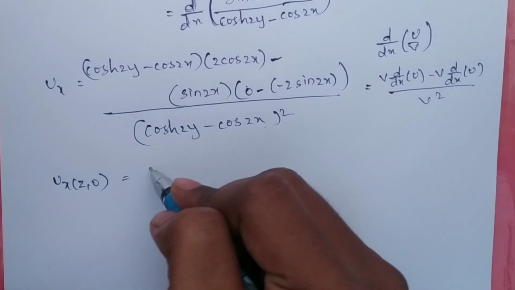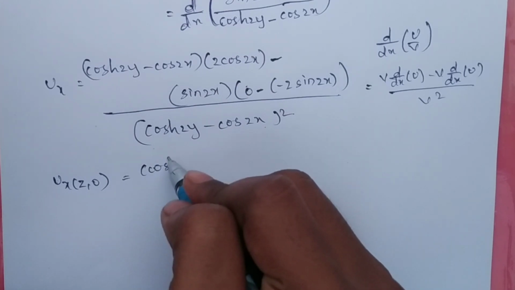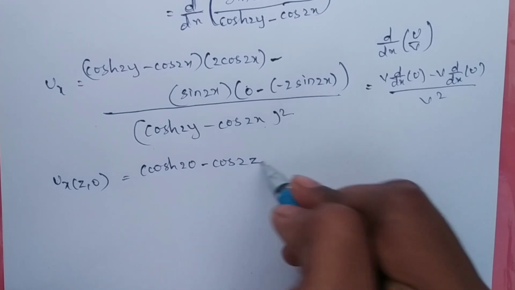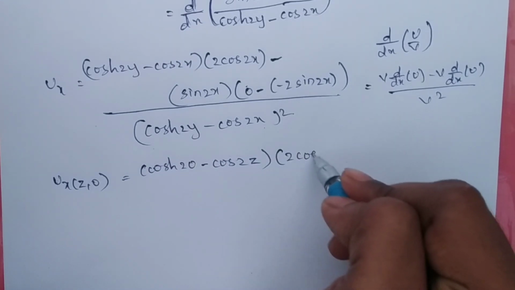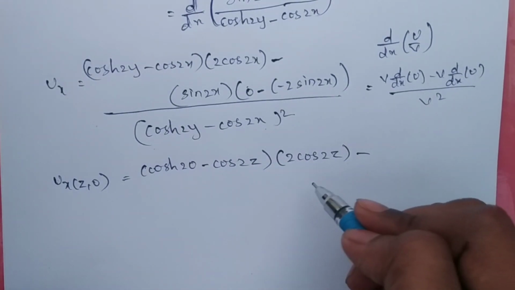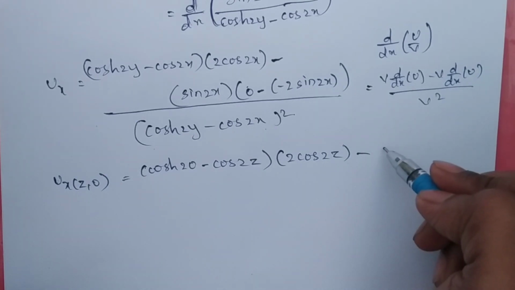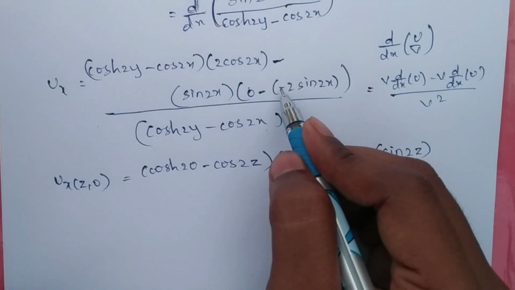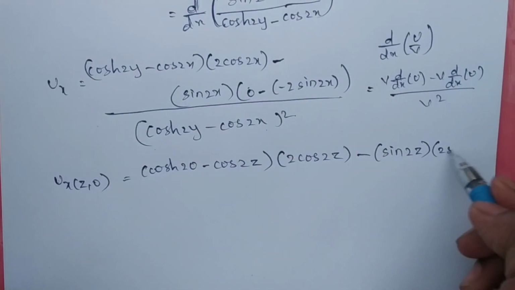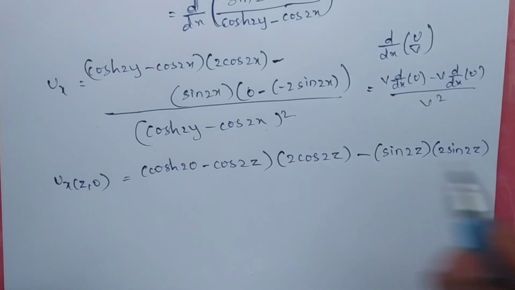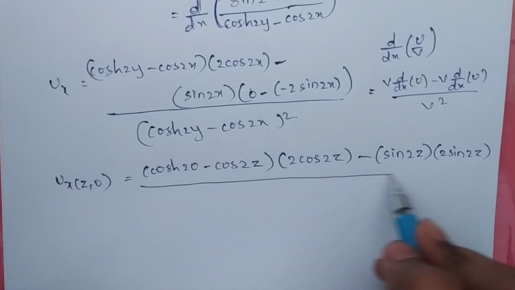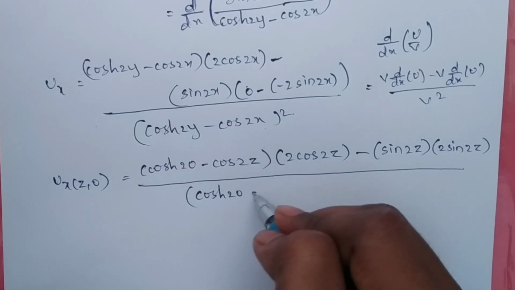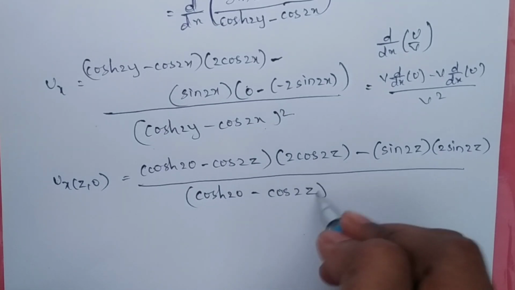So it becomes cos h 0 minus cos 2z into 2 cos 2z minus sin 2z into minus of minus, which will be plus, so 2 sin 2z, by cos h 0 minus cos 2z whole square.